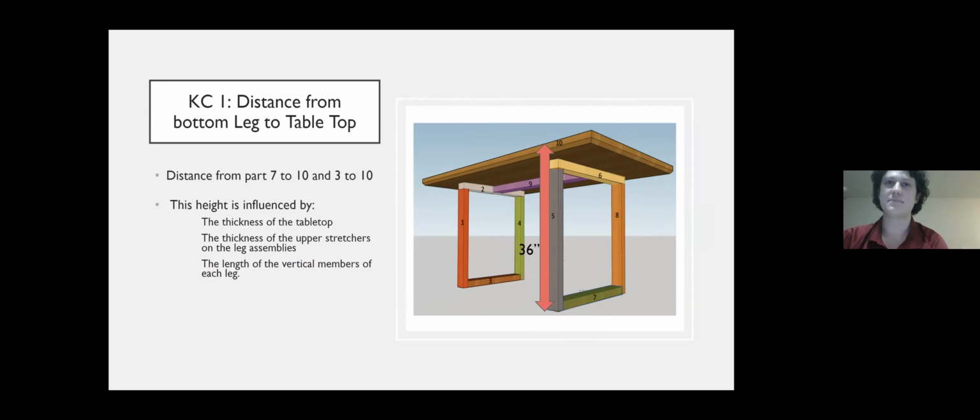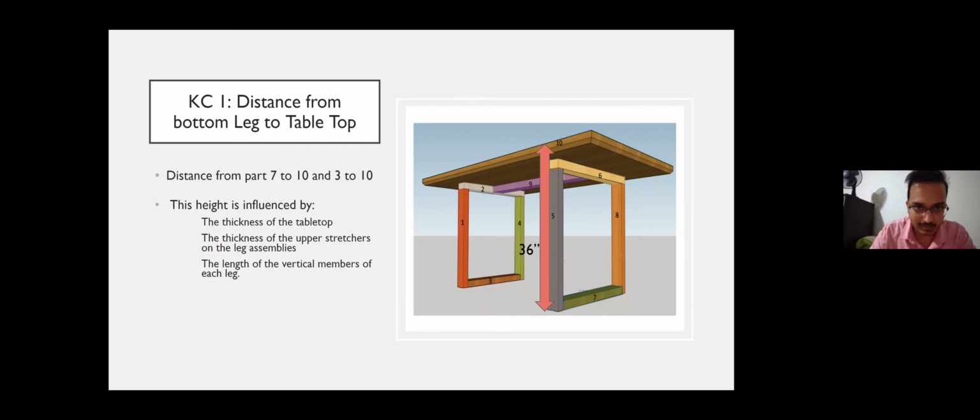Next slide, please. So here we have one of the first KCs for this project, which is the entire height of the tabletop, measured from the bottom of the leg assembly to the top of the surface. The way we're doing this, in this photo here, is it's measured from part 7, the bottom face of it, to part 10, the tabletop, to the top surface of it.